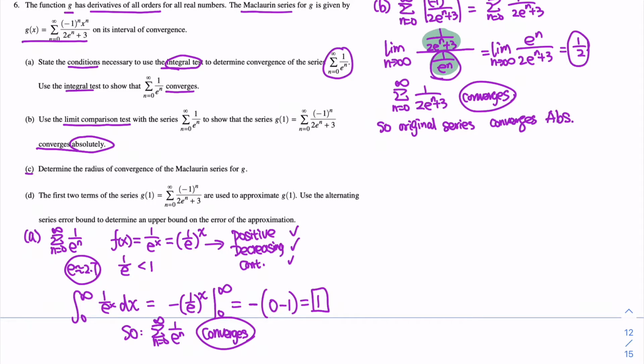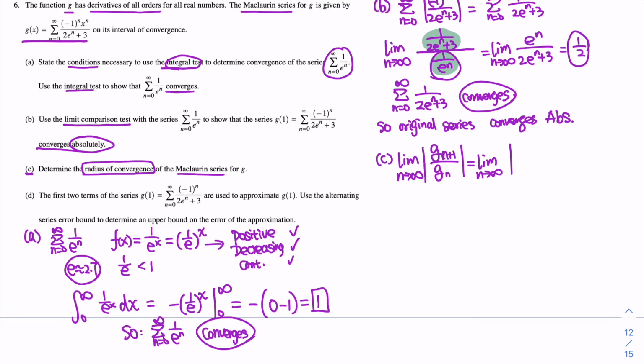Part C, determine the radius of convergence of the Maclaurin series for g. In order to find the radius of convergence, we have to find the ratio. Limit as n goes to infinity of g of n plus 1 over g of n. So we plug n plus 1 in.